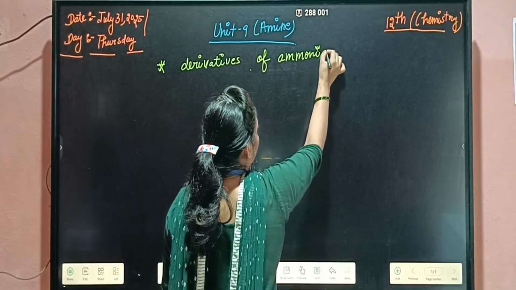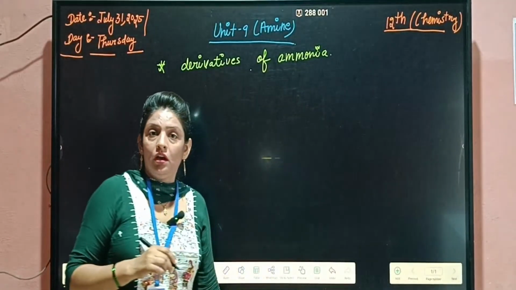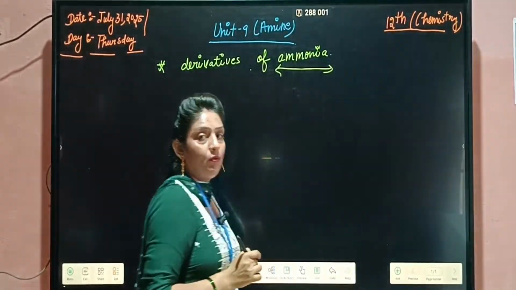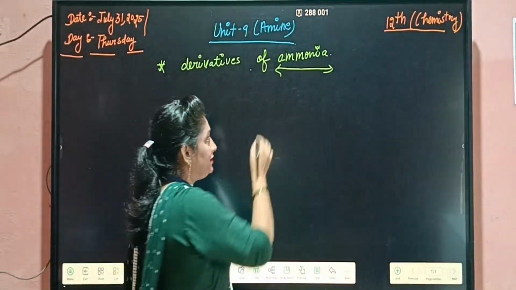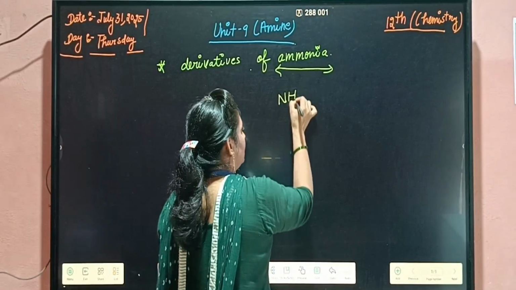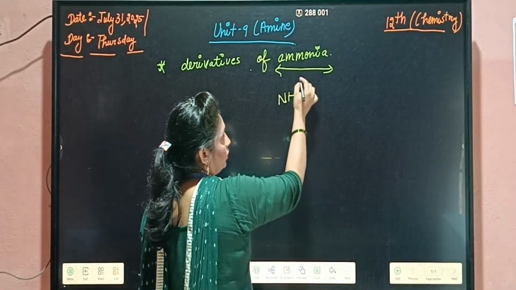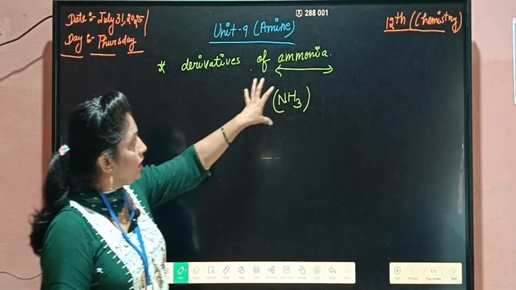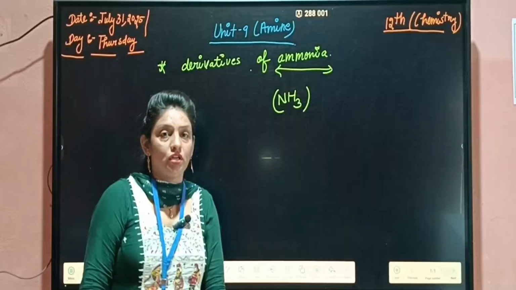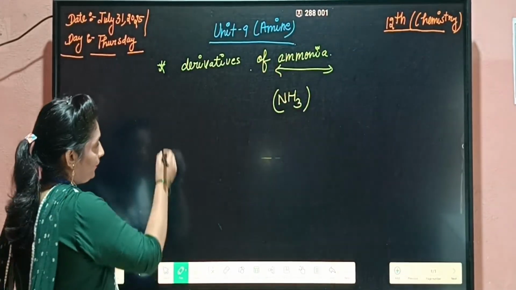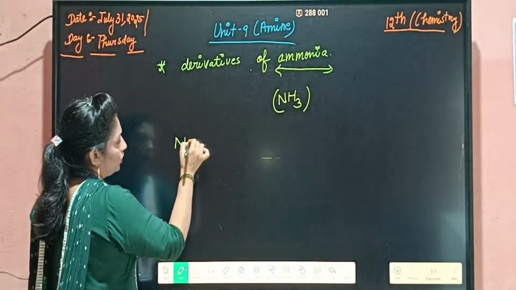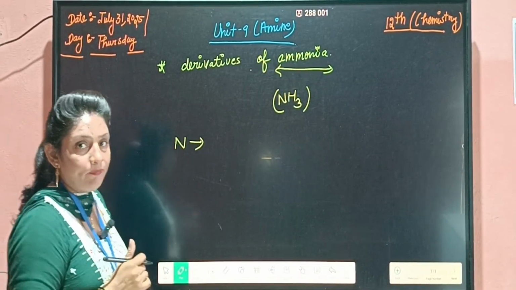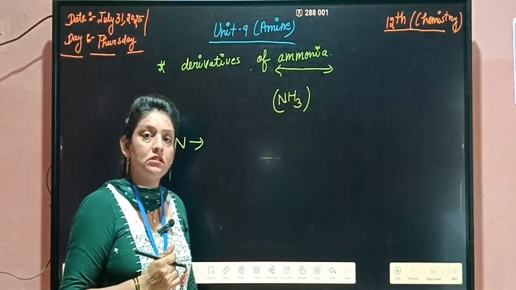I hope you all know about an inorganic compound, that is ammonia. Ammonia is a gas. Its formula is NH3. So students, amines are derived from ammonia. Like in ammonia, nitrogen is the central atom and its atomic number is 7.